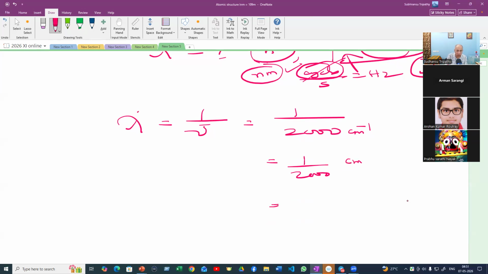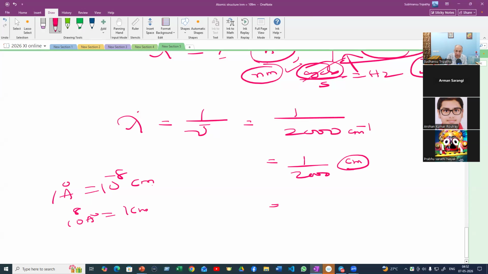1 centimeter, who can tell me 1 centimeter is how many angstrom? Arohan, 1 centimeter is 10 to the power 8. Yes, precisely. 1 angstrom is equal to 10 to the minus 8 centimeter. So conversely, 1 centimeter is equal to 10 to the power plus 8 angstrom.